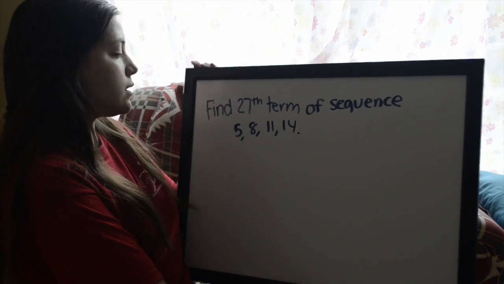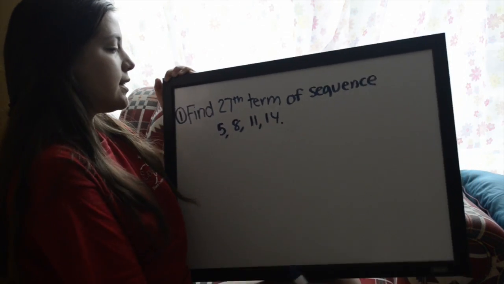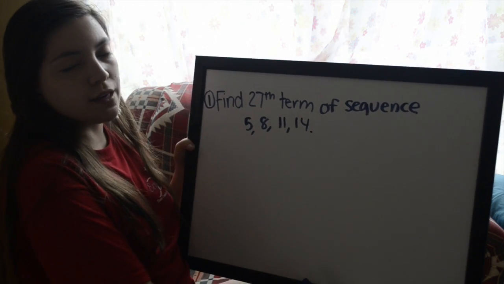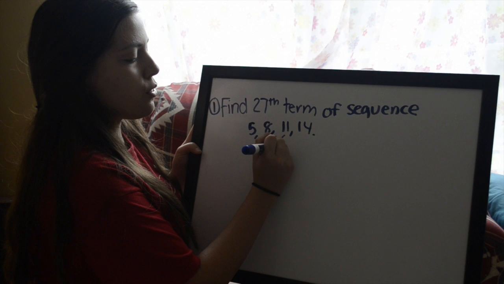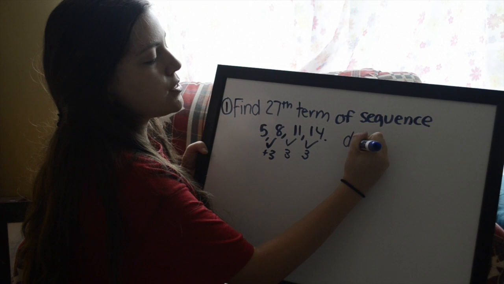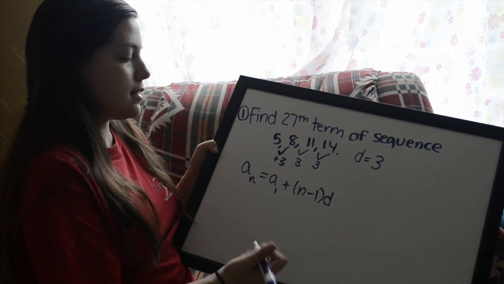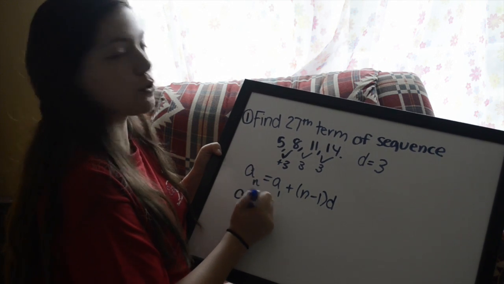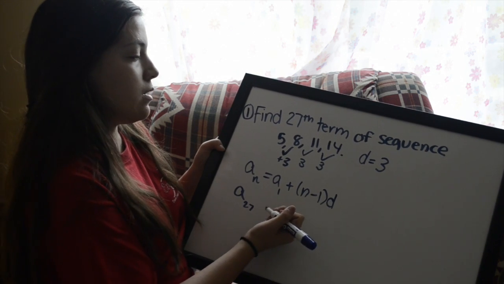Okay, so this example number 1 is asking us to find the 27th term of the sequence. So the first thing that we're going to have to do is find the common difference. We're adding 3 to get to the next term. So we can say that our common difference, d, is 3. A sub n, we know, is a sub 27, so we're trying to find the 27th term.